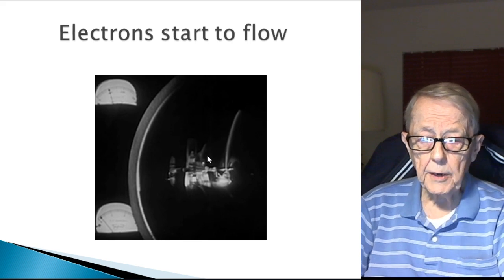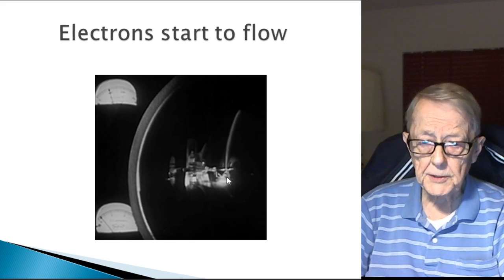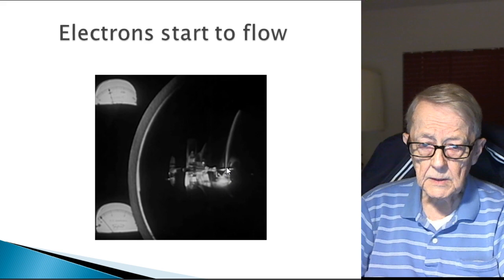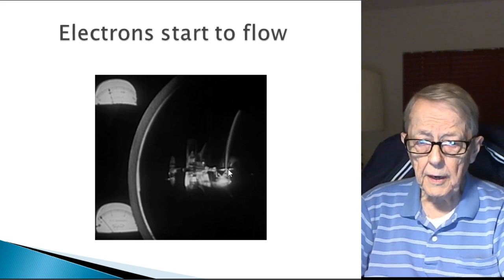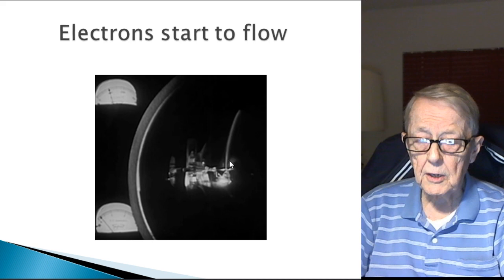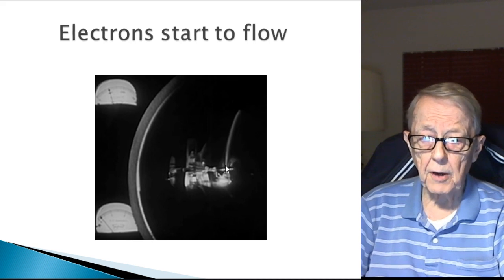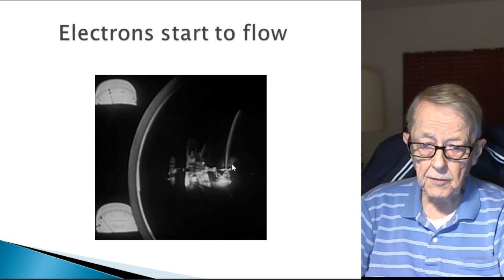And here's a picture of the start of the process. As the electrons move up in this slide, you can see it because of the interaction of the electron with the hydrogen gas. And you can see there's a deflecting plate here and a deflecting plate here.